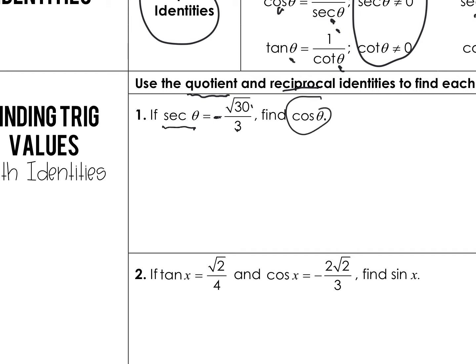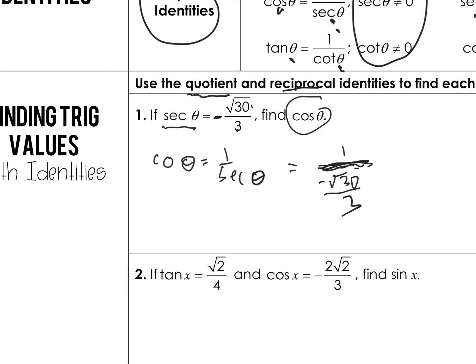Well, obviously, if I use that identity, cosine of theta is 1 divided by the secant of theta. So in this particular problem, 1 divided by negative square root of 30 over 3.